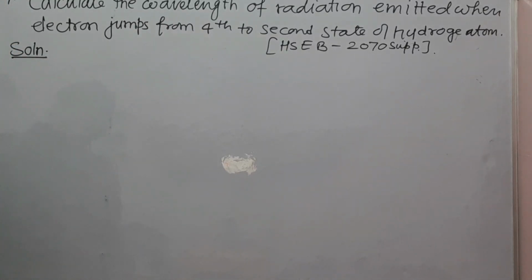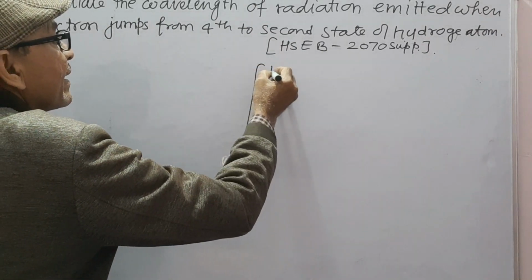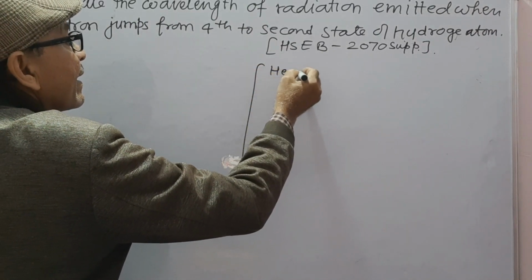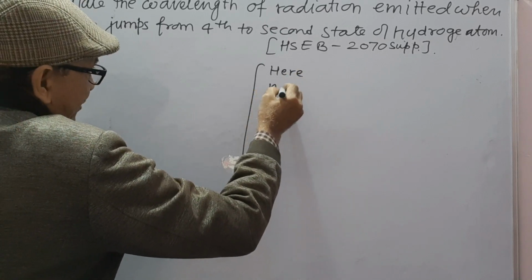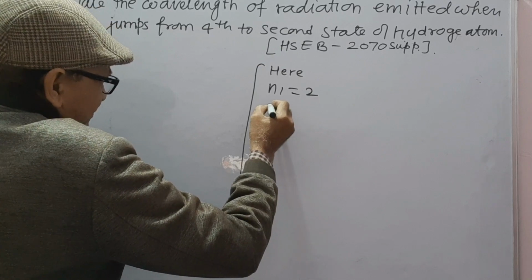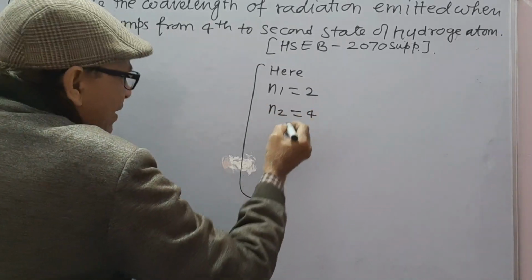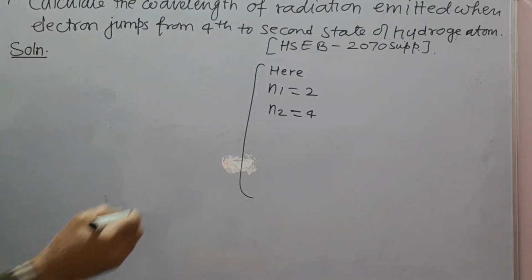Next question number 7. Calculate the wavelength of radiation emitted when electron jumps from fourth to second state of hydrogen atom. Solution here. N1 is 2, N2 is 4.